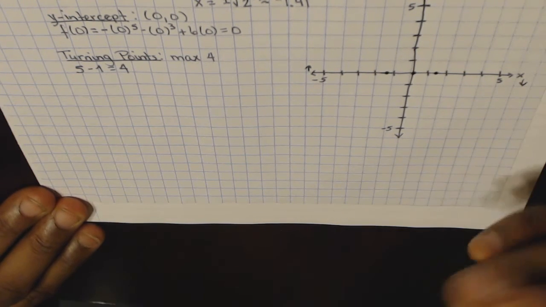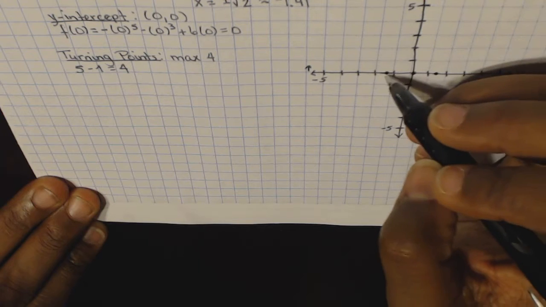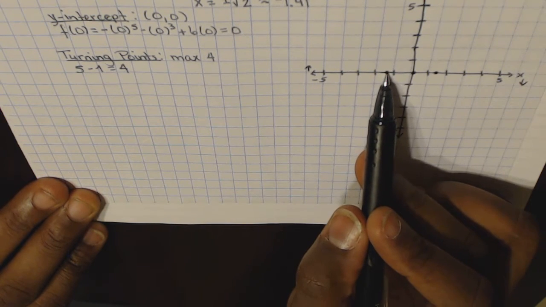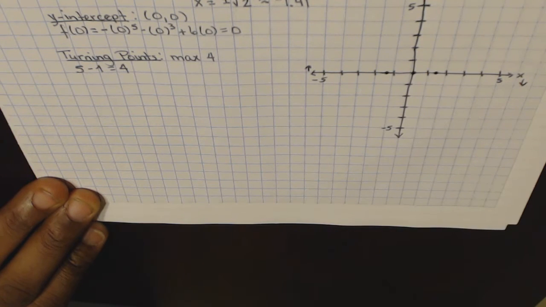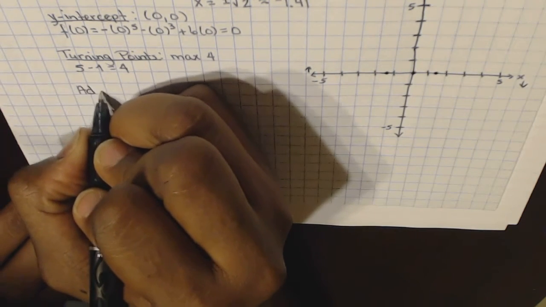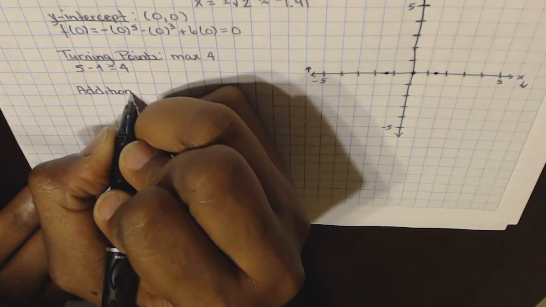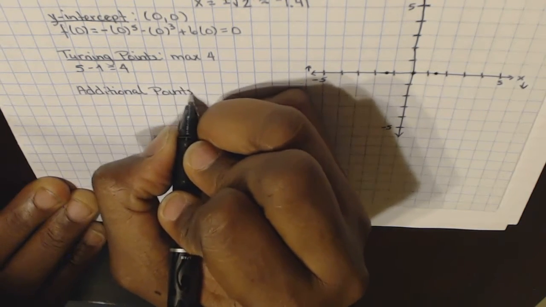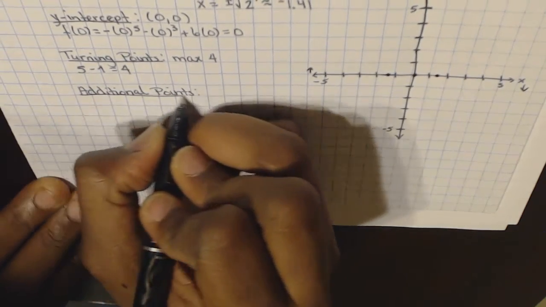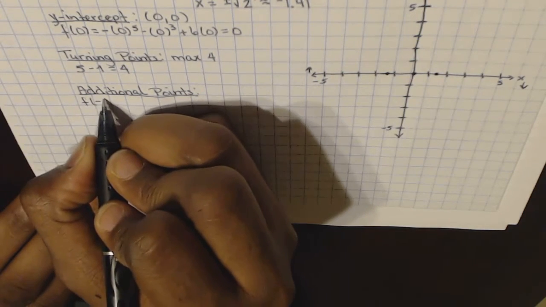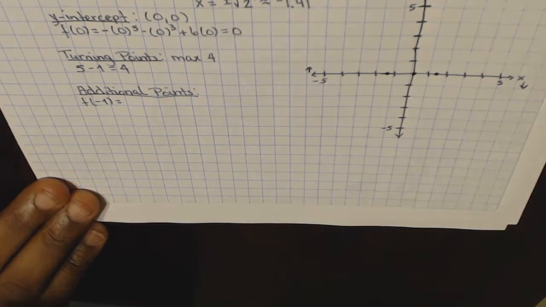Okay. I would like to know what's going on between negative 1.41 and 0, because my graph has to turn in there somewhere. So I want to find additional points. And I'll use negative 1. It's a whole number.